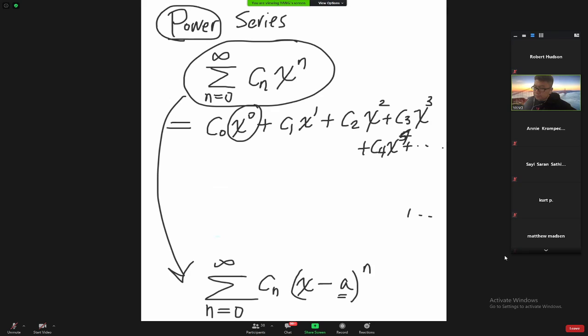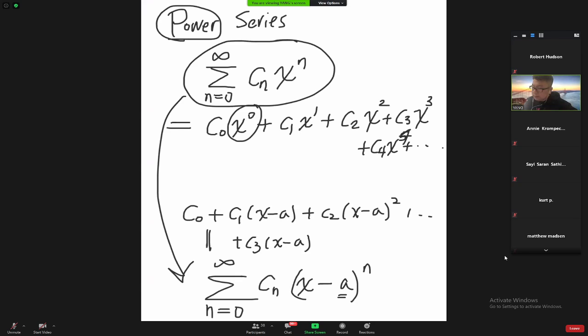What's the first term? C0 times (x minus a) to the zero, so that's 1, right? C1, C2, C3, right? So this one is a special power series, where a equals 0.